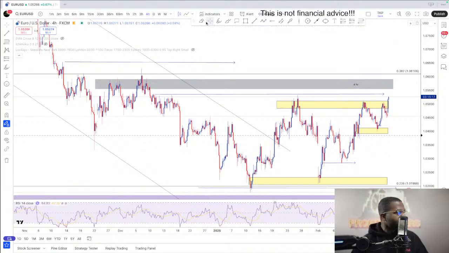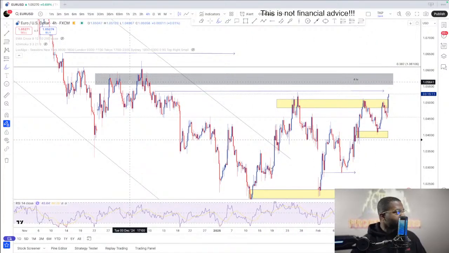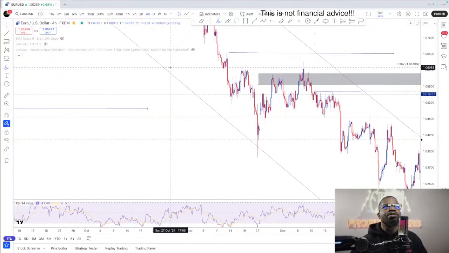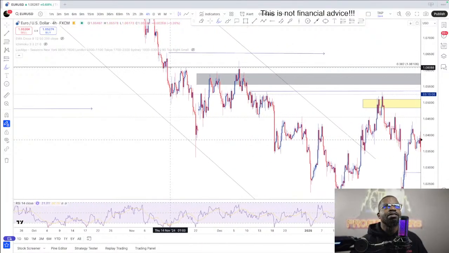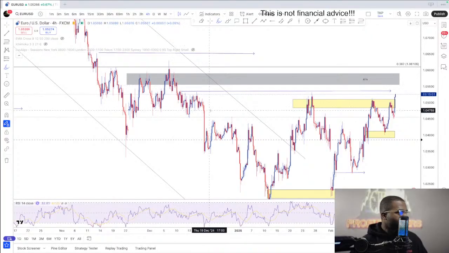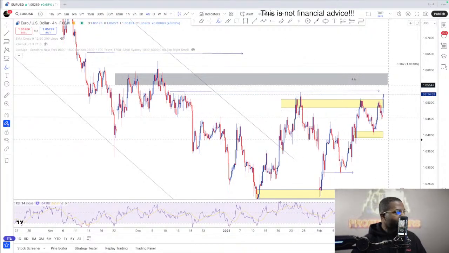Now right here at this 382 on Euro USD, let me show you guys the lows just in case you got that vertical view. But if price does not break above that high right here, then what we will see is a really decent sized pullback on Euro USD.